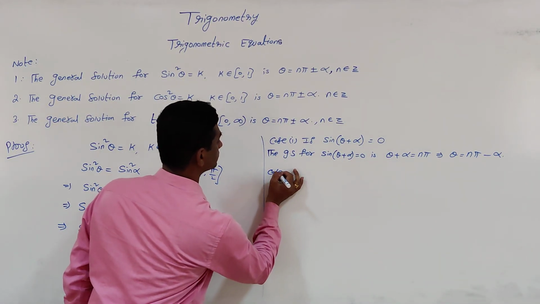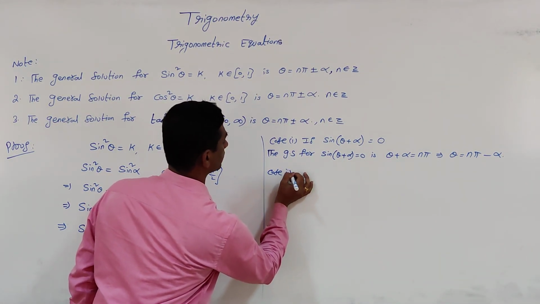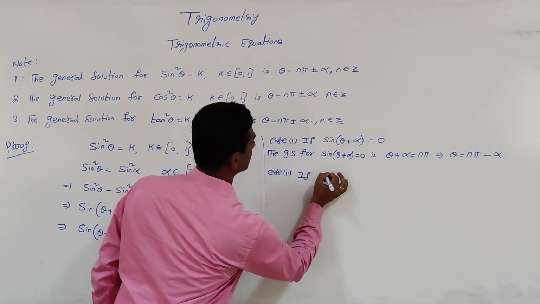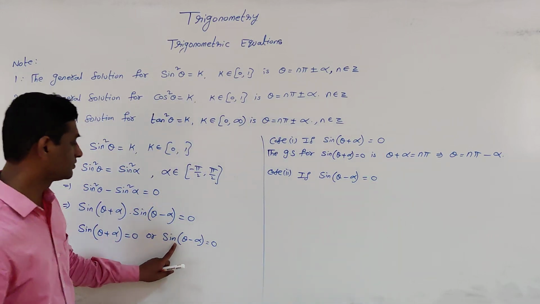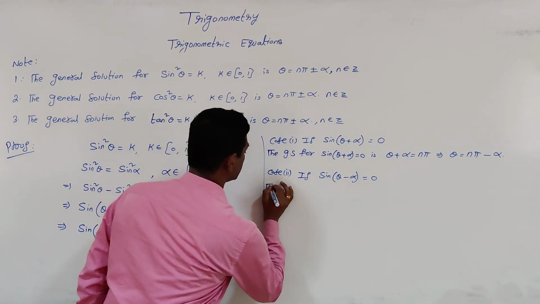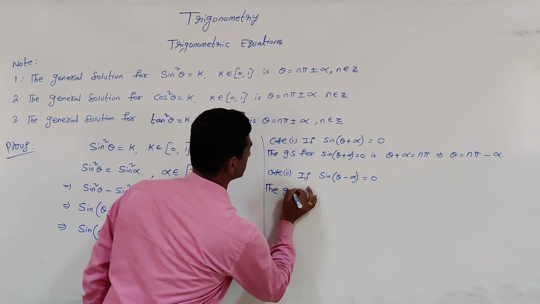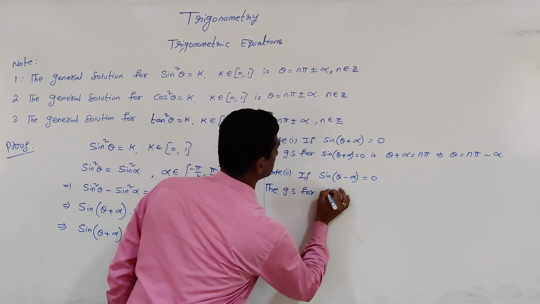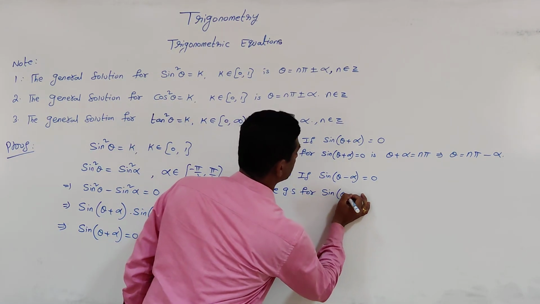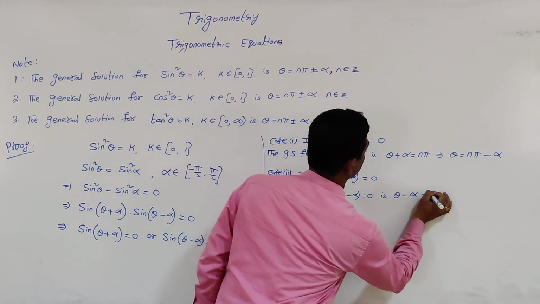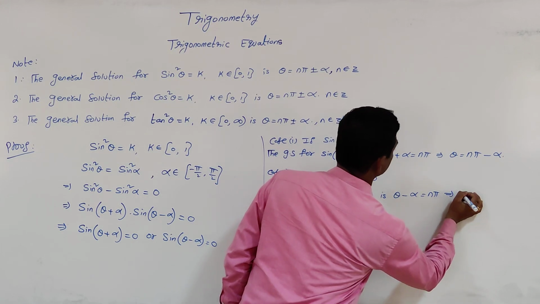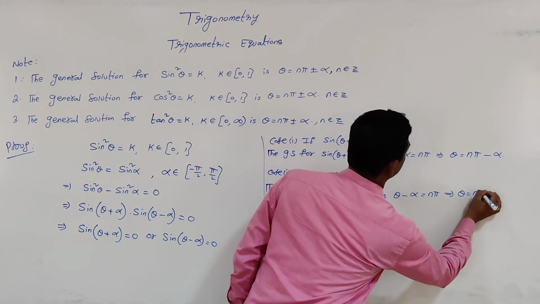Case 2. If sin of theta minus alpha is equal to 0, the general solution is theta minus alpha is equal to n pi, implies theta is equal to n pi plus alpha.